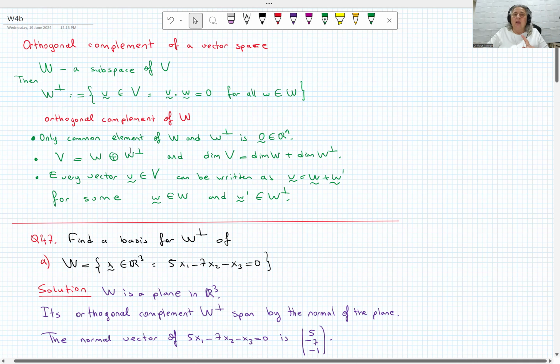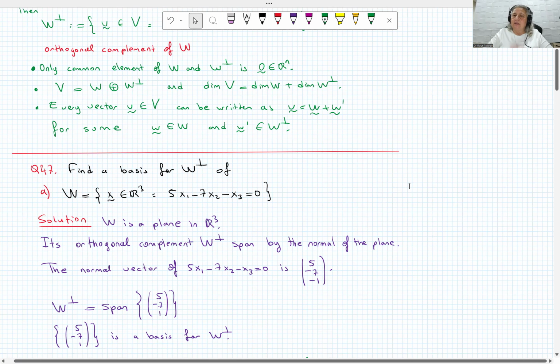Next, this means that every vector V can be written as a sum of vectors, one in W and one in the orthogonal complement of W. That's a general definition. So these are the three important parts related with the concept of the orthogonal complement of W.